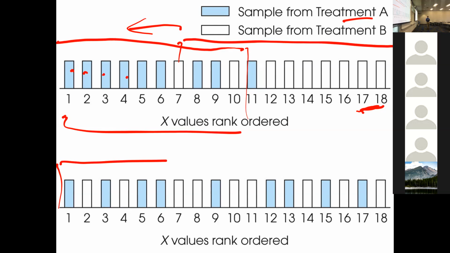Well, maybe participants 17 and 18 have astronomically high blood pressure, and we don't want to exclude them, but if we keep them in the traditional mean comparison, like we do with the independent measures t-test, their data could make it look like there was an effect, even if there was no effect.